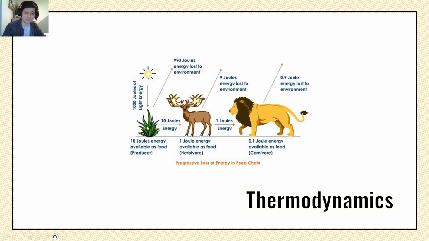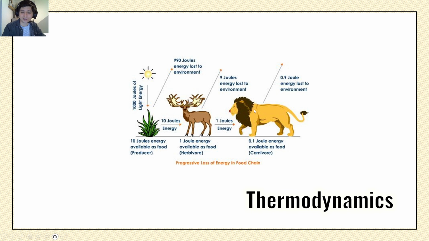So now this plant exists. It's eaten by a herbivore, and 1 joule of energy is now available to this herbivore, and 9 joules is lost to the environment. Again, as the energy spreads out, we are losing energy, right? As energy becomes heat that gets lost to the environment, we are losing energy each step of the way.